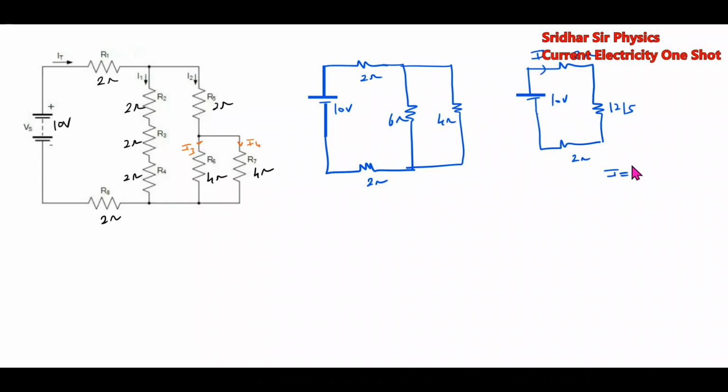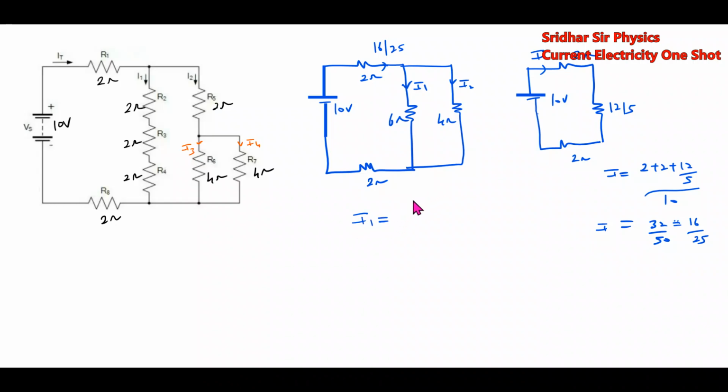The total current will be 2 plus 2 plus 12 by 5 by 10, 32 by 50, 16 by 25. Now once we know that, how much current is here? 16 by 25. Now we can calculate this I1 and I2 using the current divider formula.